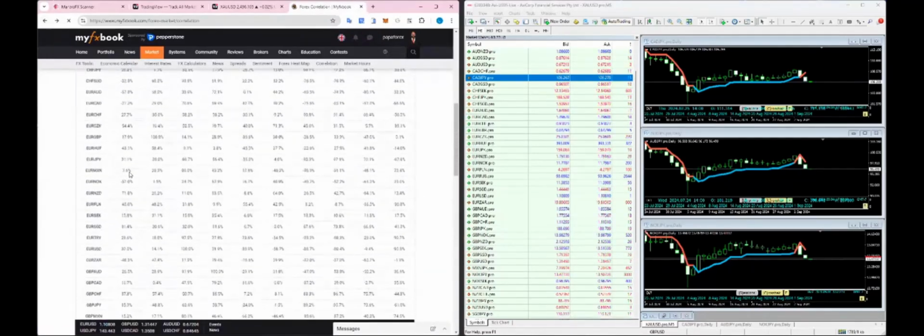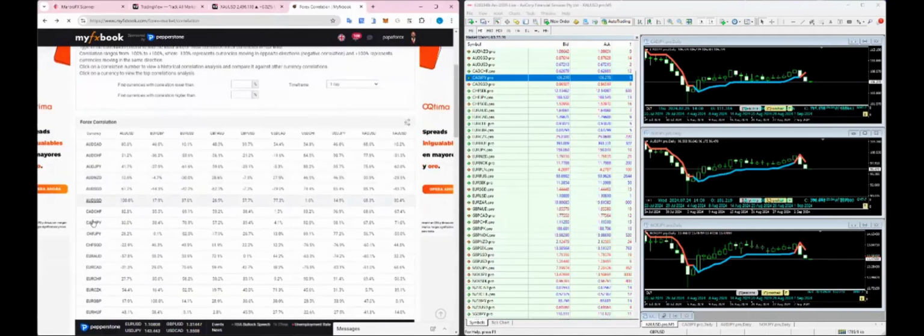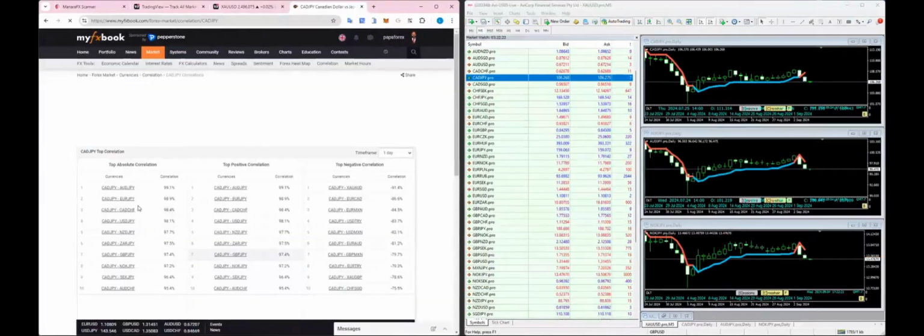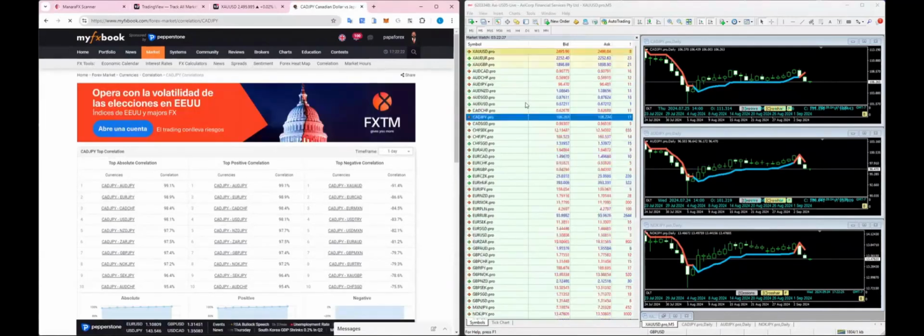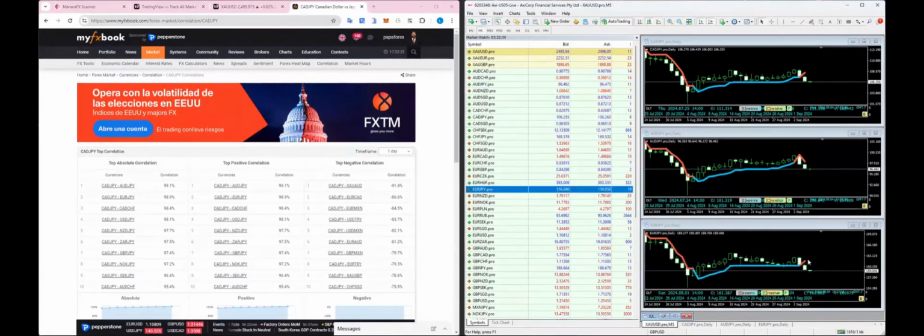CAD JPY right there. So we have AUD JPY 99.1. Wow. AUD JPY and Euro JPY. There we go. Now we have the three pairs on the screen.